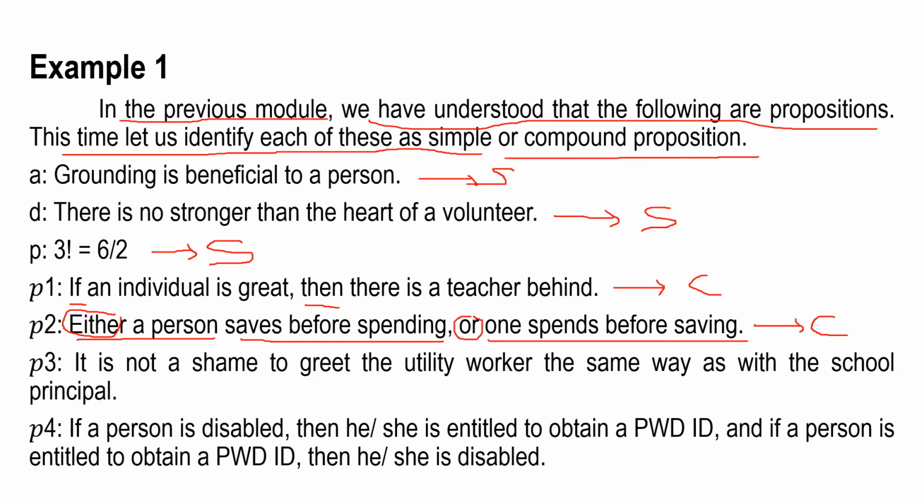Now, for the proposition under P sub 3, or the P3 proposition: it is not a shame to greet the utility worker the same way as with the school principal. Again, let's try to assess if there is a logical connector used on this proposition under P sub 3.